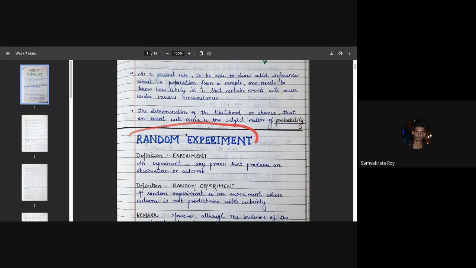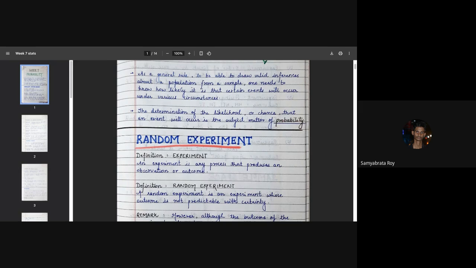But to construct the definition of probability, you should be knowing some notions like random experiment. Whenever you hear the term random experiment, a question should appear: so far we were aware of the term experiment, right?